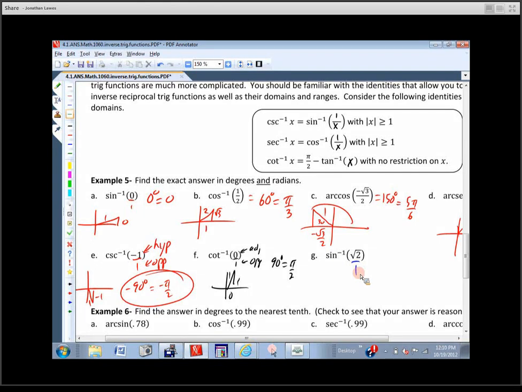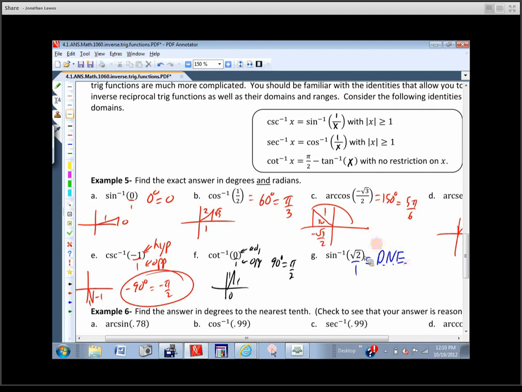No, some big bells ought to be going off. This is a sine inverse. You can only plug in numbers, ratios between -1 and 1. Radical 2 is bigger than 1. It's outside the range. So this does not exist. Okay? There is no answer to that.